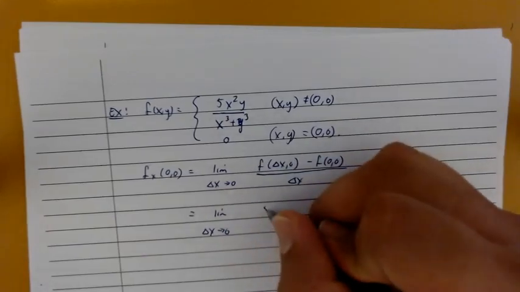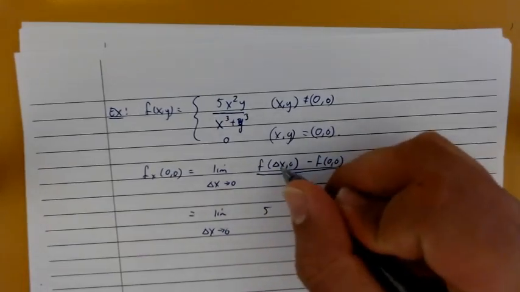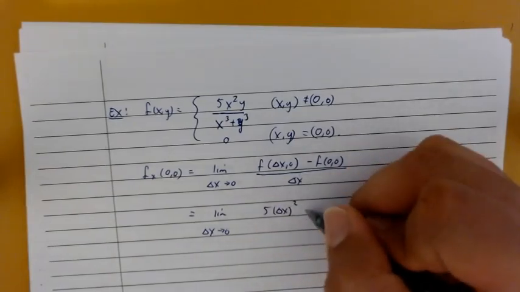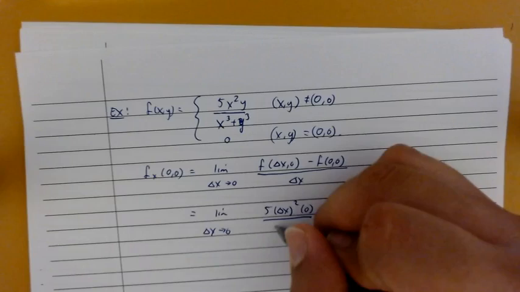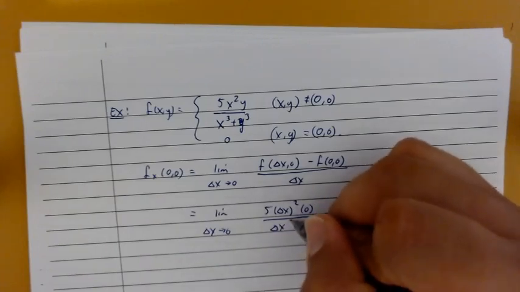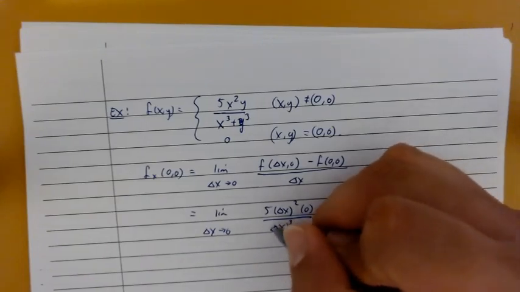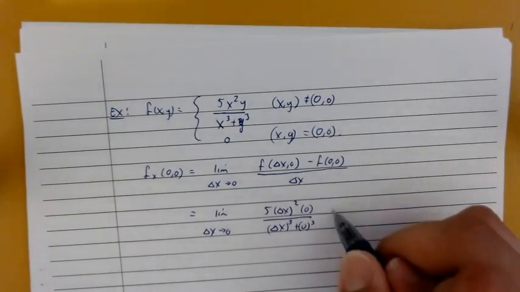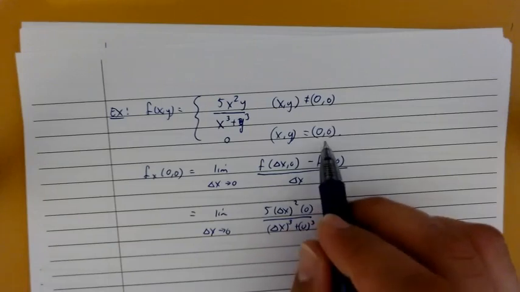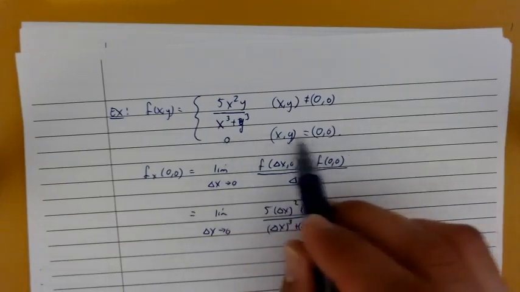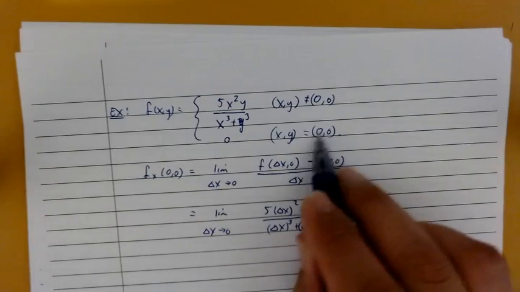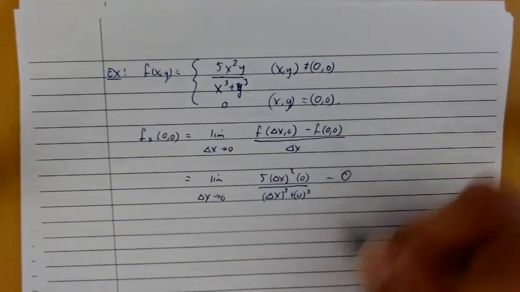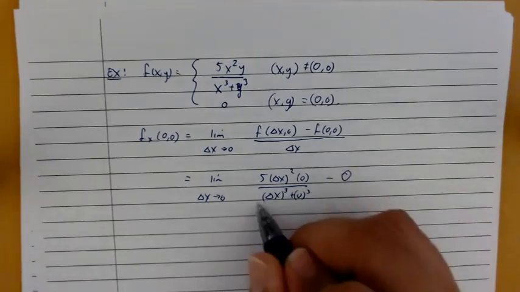So that'll be 5 times delta x squared times 0, like that. Minus, now f(0, 0), okay, well, that one is just 0. That's how this function is defined. If the point you're plugging in is the origin, then your result is just 0. Okay? All over delta x.